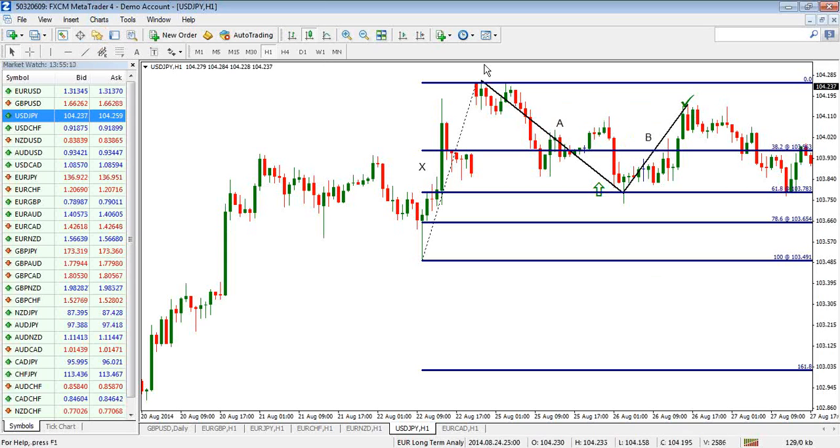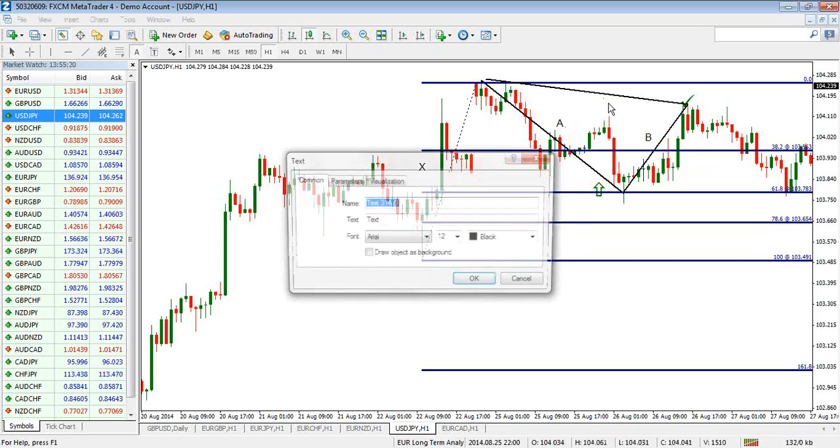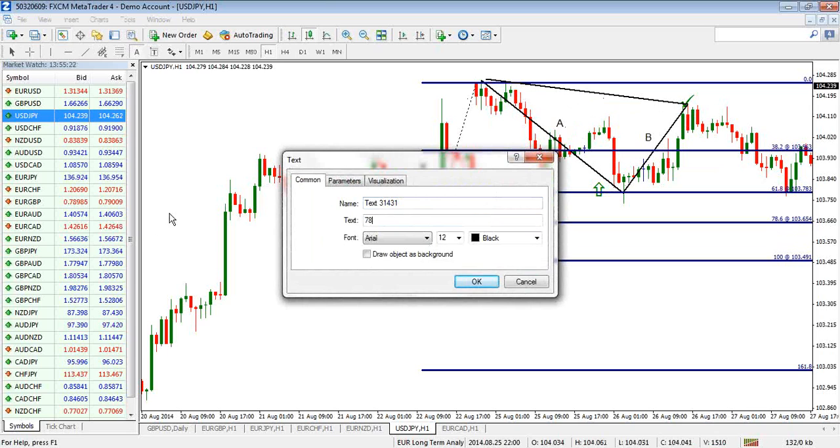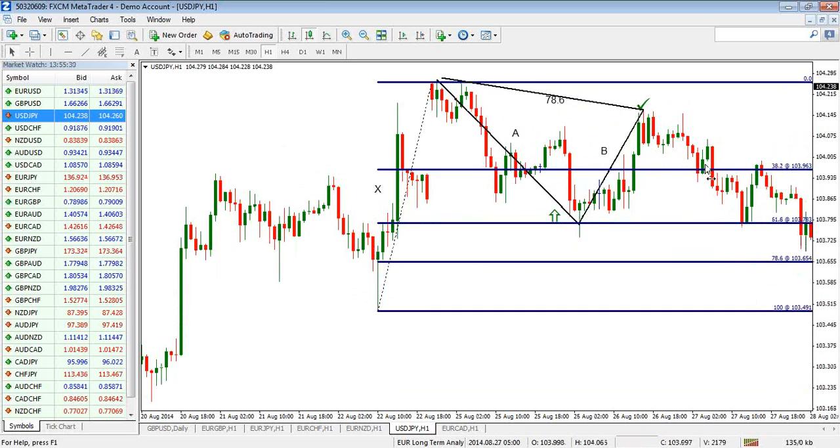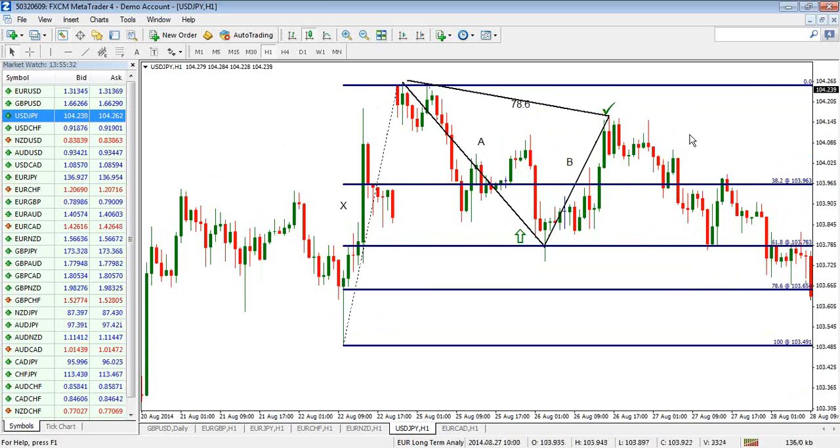Okay? So if you wanted to, you can even draw a little line here. Now B retraces. This retracement is 78.6%, if I wanted to draw it like the websites do it. And then we have a C starting to come down in here.